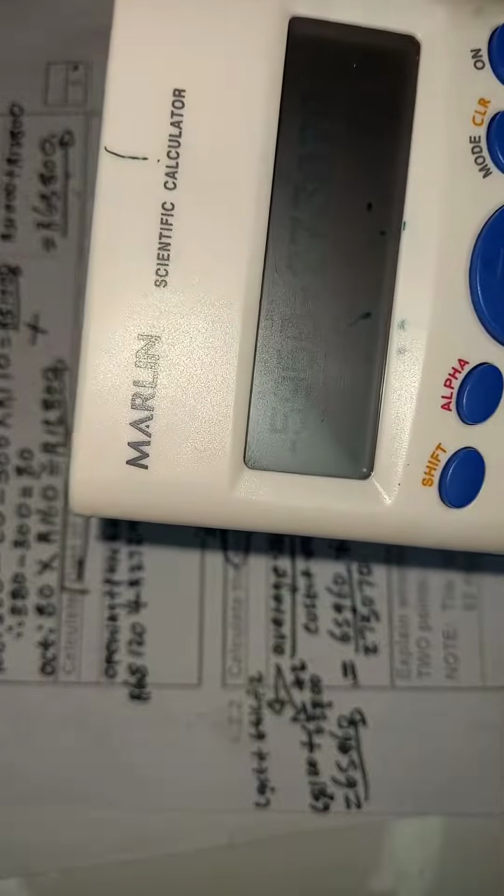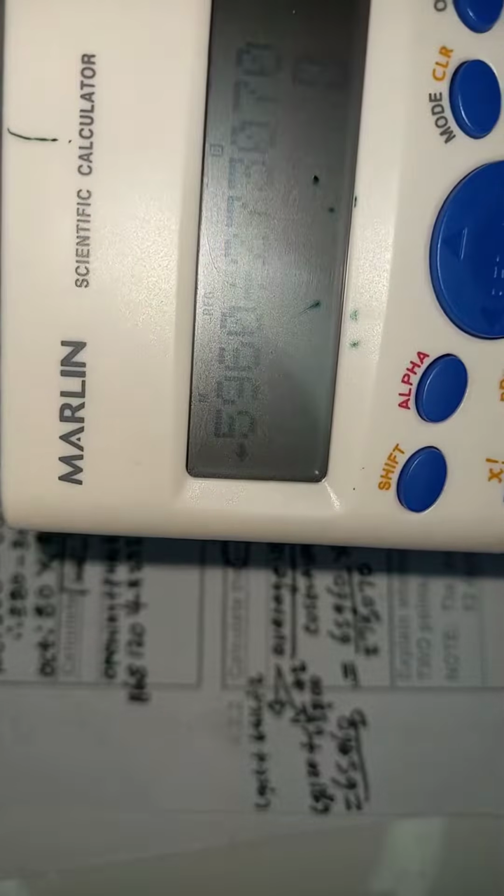So how much will be our stock holding period? Just punch the calculator. 65,960 divide by the cost of sales of 273,070. Okay, I punched that wrong.